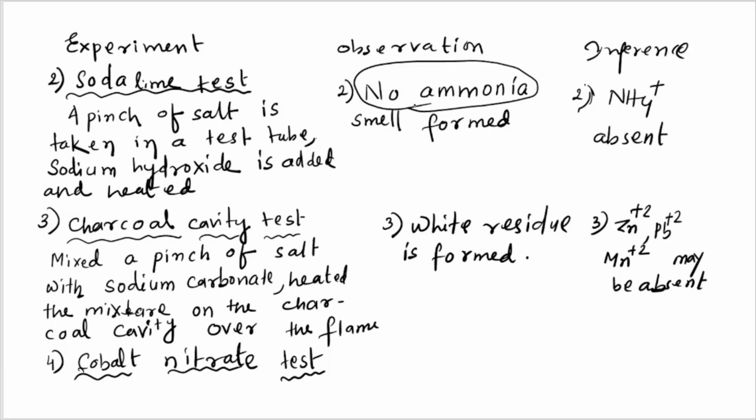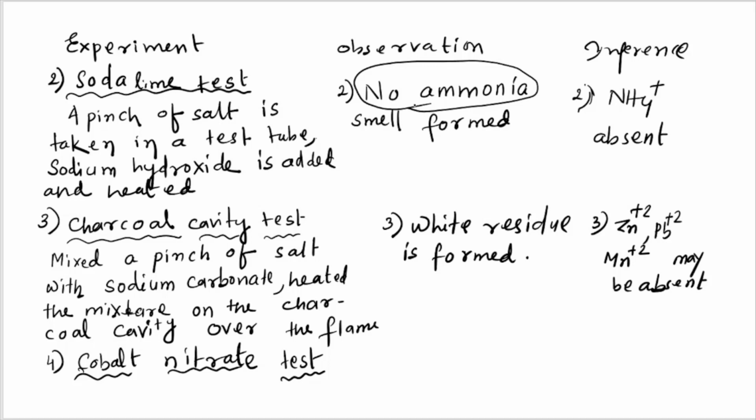Then what to do? You will proceed to the next. If NH4+ is absent, then next you will go to the charcoal cavity test. What to do? Salt and sodium carbonate are mixed and heated on the charcoal cavity over the flame. That means in the charcoal you make a cavity, which is called the charcoal cavity.